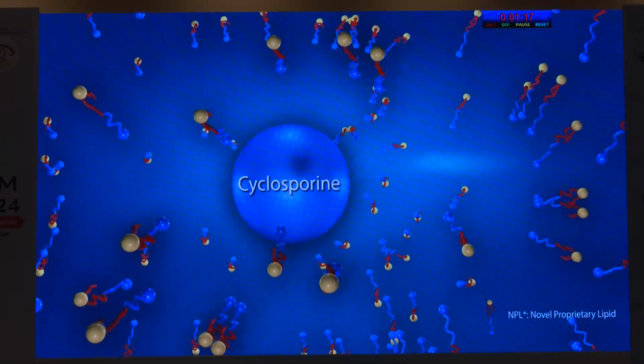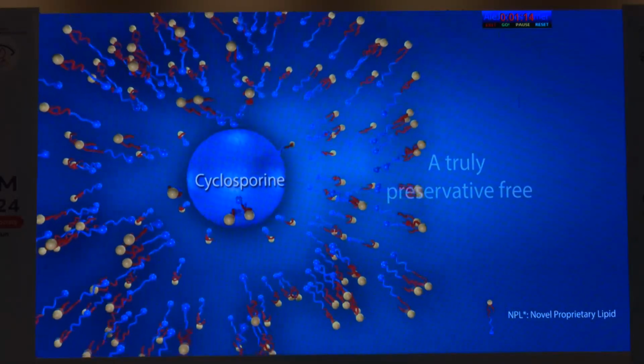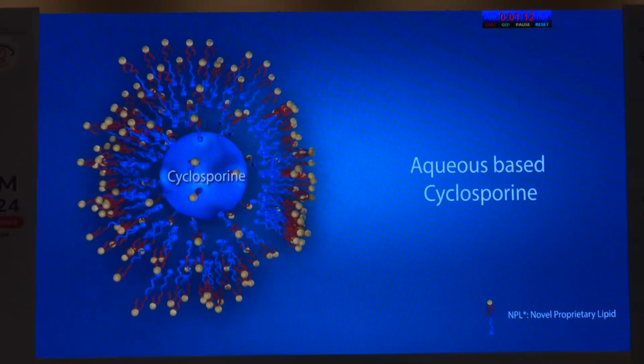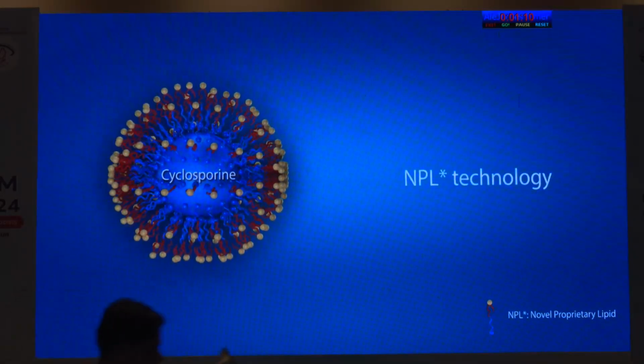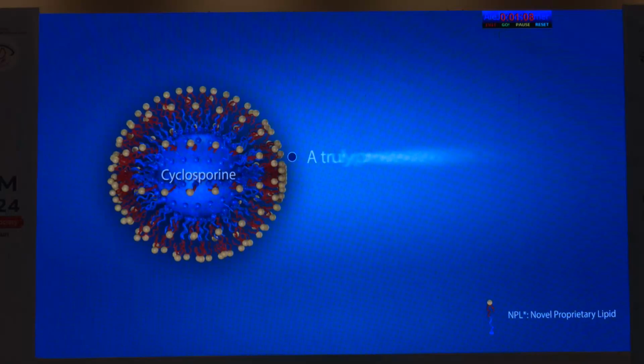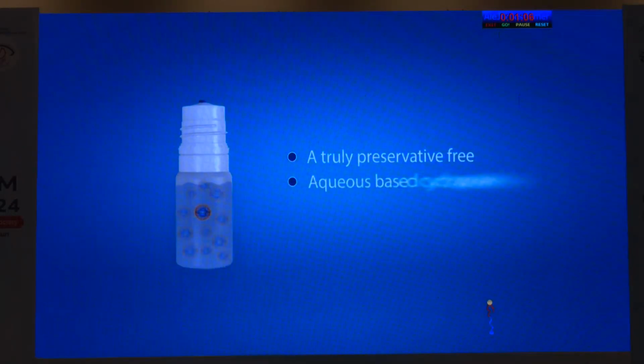Now in India, a truly preservative-free aqueous-based cyclosporine formulated with NPL technology is available to meet these challenges. NPL is a biomimetic natural lipid that enhances solubility and stabilizes lipophilic cyclosporine in aqueous base.